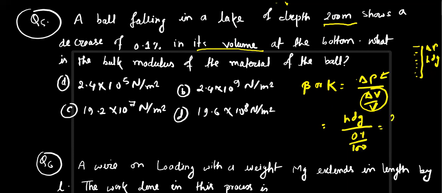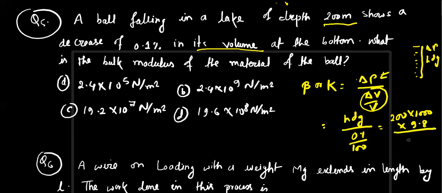Now we are going to write here 200, the height is given. The density of water is not provided, but we know its value is 1000 and the value of g is 9.8.